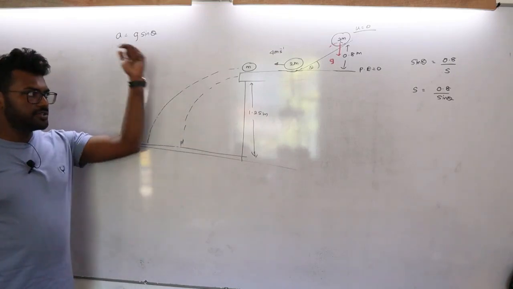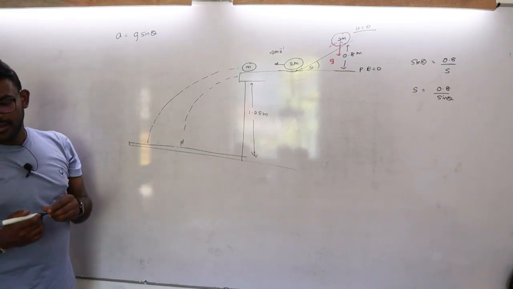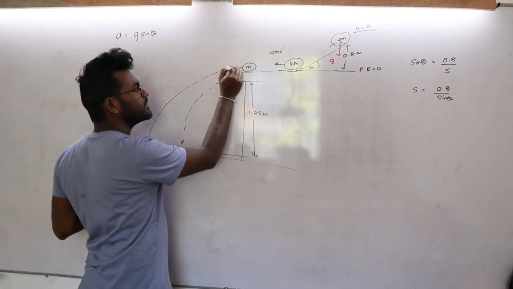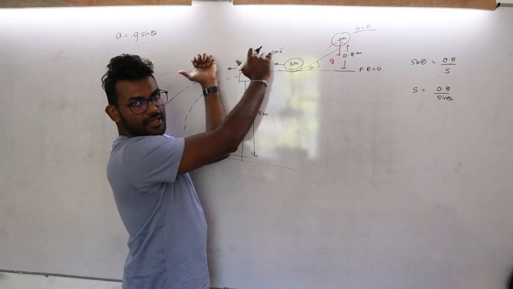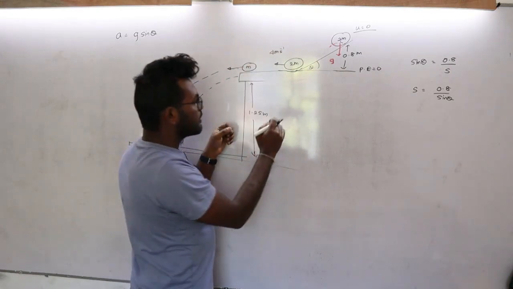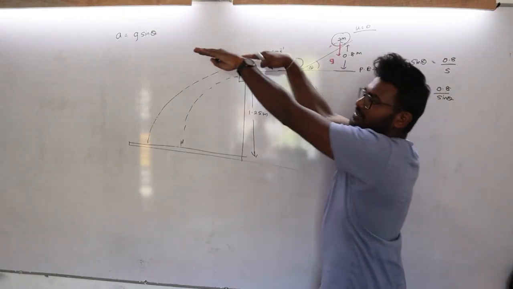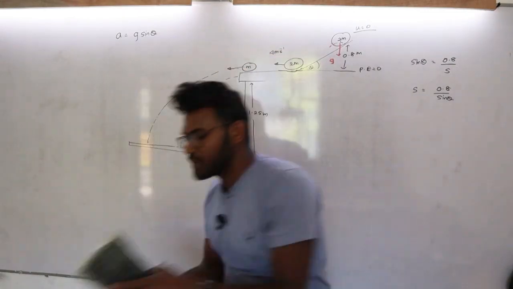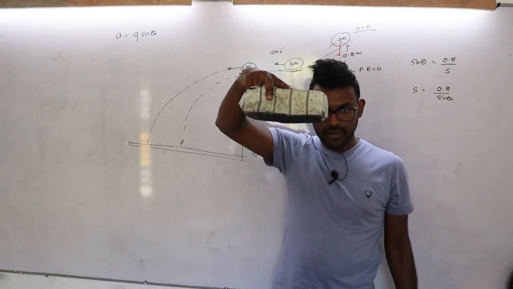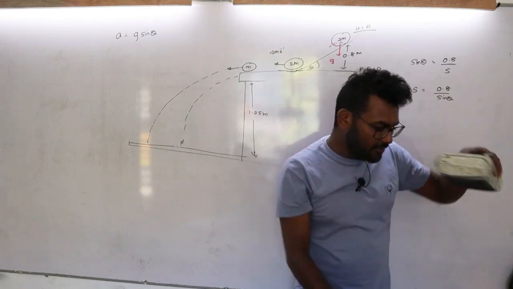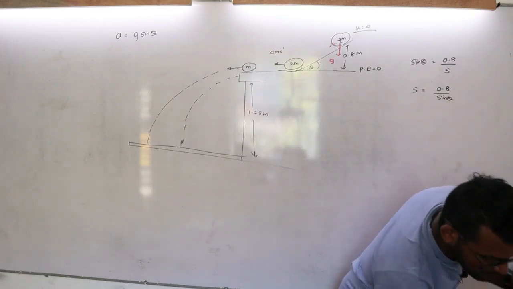Here, even though these will have a certain horizontal velocity, do they have a vertical velocity? No, right? Both of them are moving in the horizontal direction. There's no component in the vertical, but once they leave the table, what's going to happen?